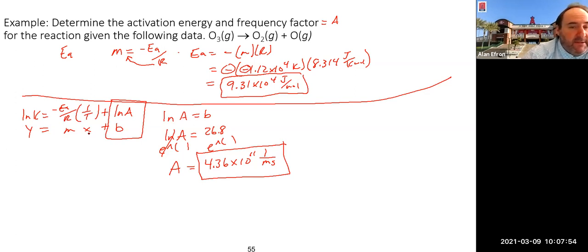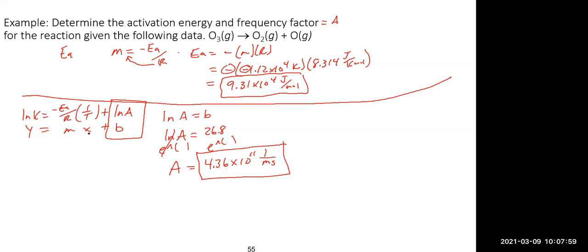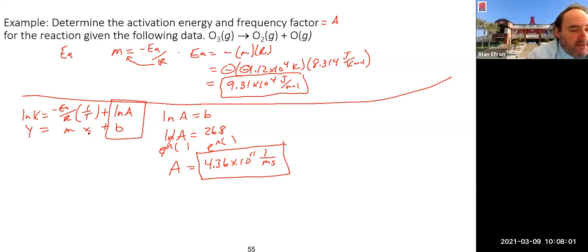Other questions on this? So this is a graphical approach to determining things like activation energy, frequency factor, things of that nature. Now, we don't usually use graphing in a lot of cases, but this is what you would do if you were given just a table like we were in this problem, of K and temperature.